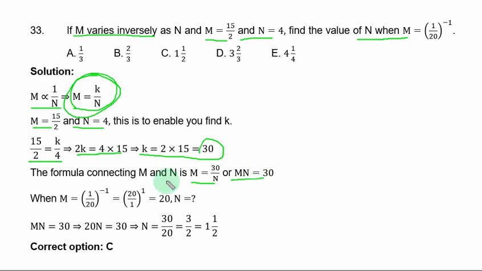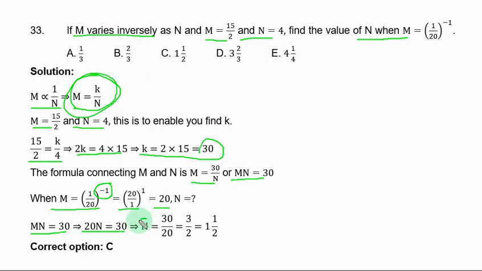You are asked to find N when M is equal to this. You can make this power positive when you interchange the position of 1 and 20 in this form. You simply have 20. So you go back to the formula connecting M and N. You replace M with 20 and you have 20N equal to 30.